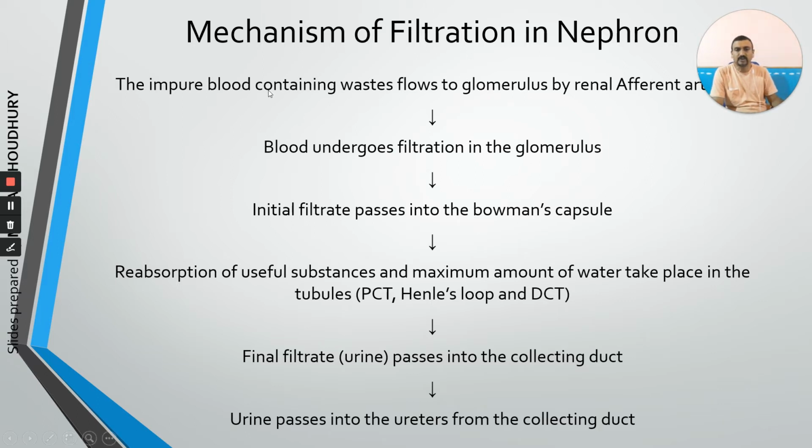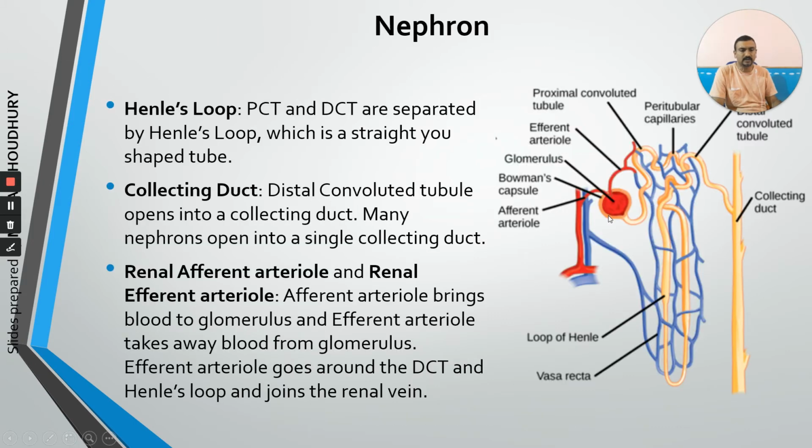How filtration takes place is the impure blood contained in the wastes flows to the glomerulus by the renal afferent arteriole, and the blood undergoes filtration in the glomerulus. Initial filtrate passes into the Bowman's capsule. That is, here we have seen whatever is filtered, it gets into Bowman's capsule. From there, it gets into these tubules.